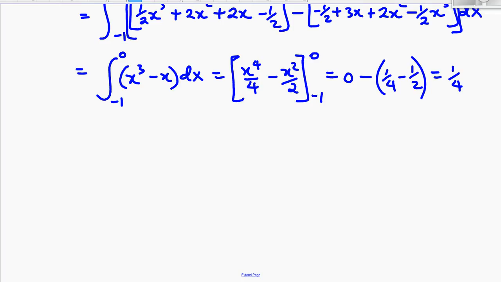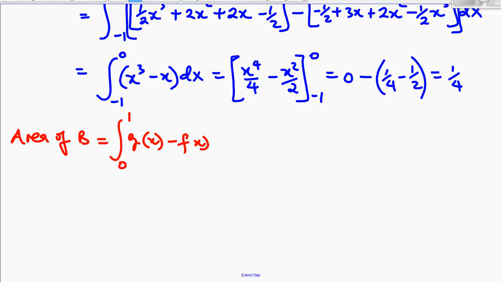Area of B will be the integral from 0 to 1. These are the new limits. g of x minus f of x, which will be the integral from 0 to 1 of negative x cubed.